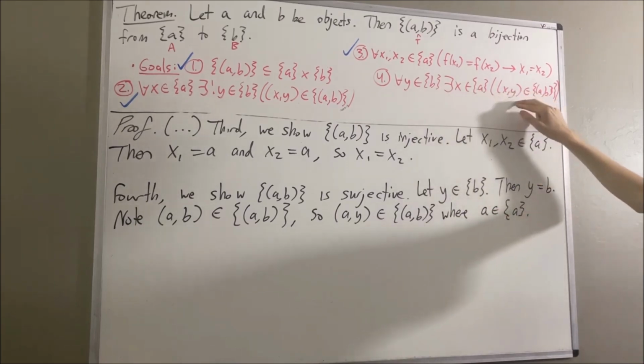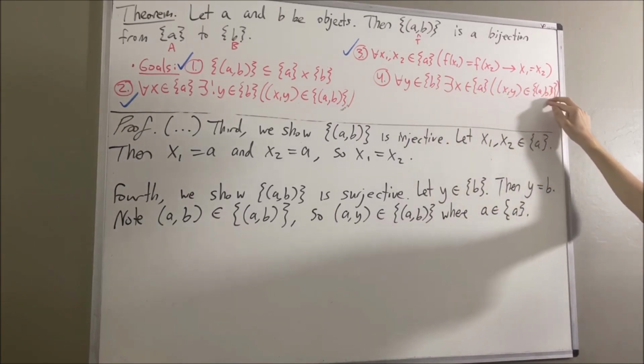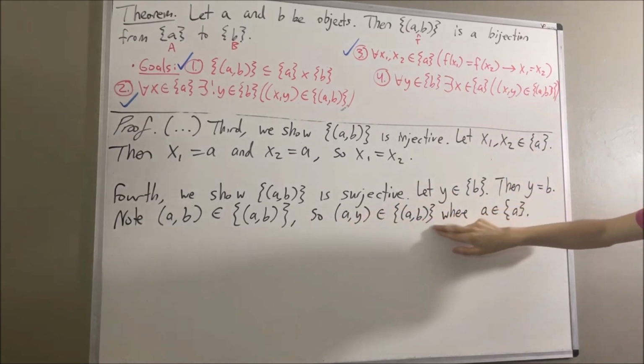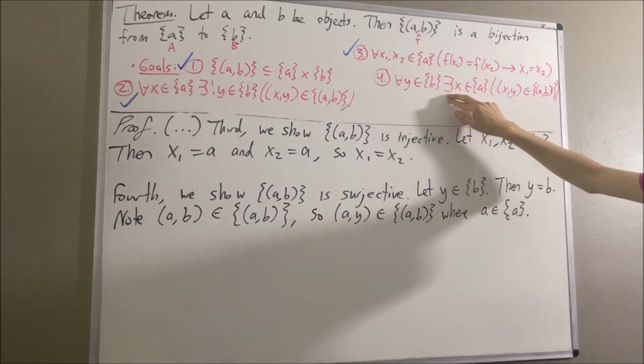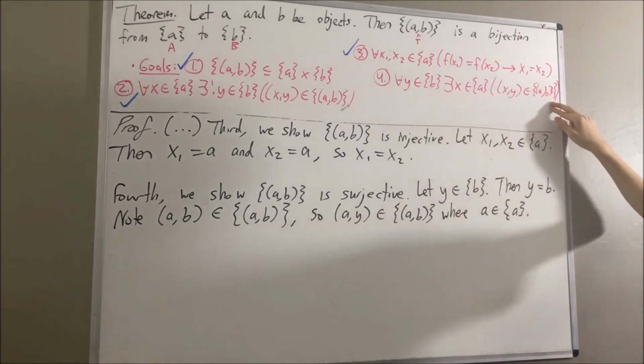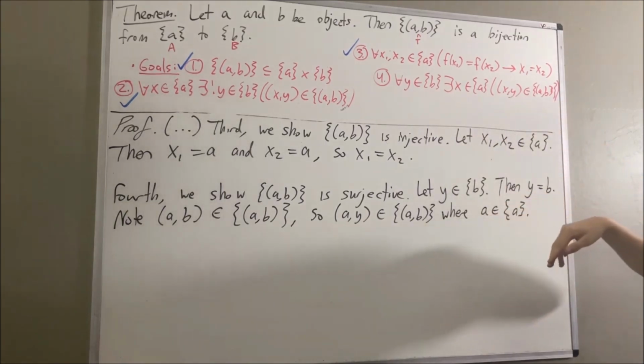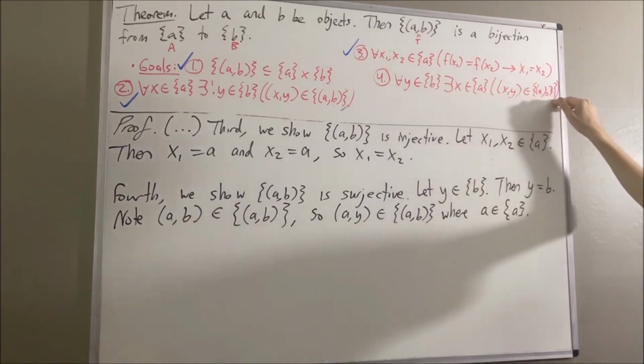And A comma Y is an element of the singleton set of A comma B. That's what we have here. So that proves that there exists an object which satisfies this condition, namely A. So we've proven that this is true.